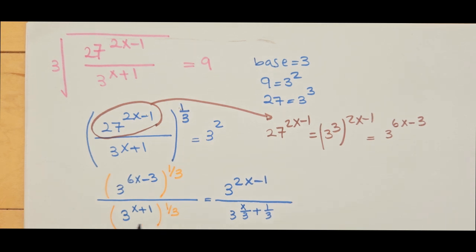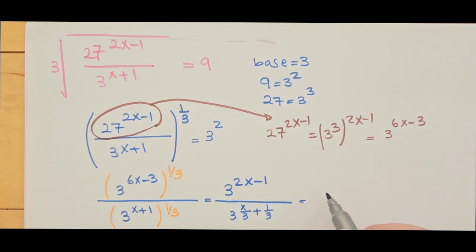Okay, so 1/3 would be multiplied by this. Now what I'm planning to do in the next step is to move everything from the denominator to the numerator. But remember, when we do this, the power would be multiplied by a negative sign, right?